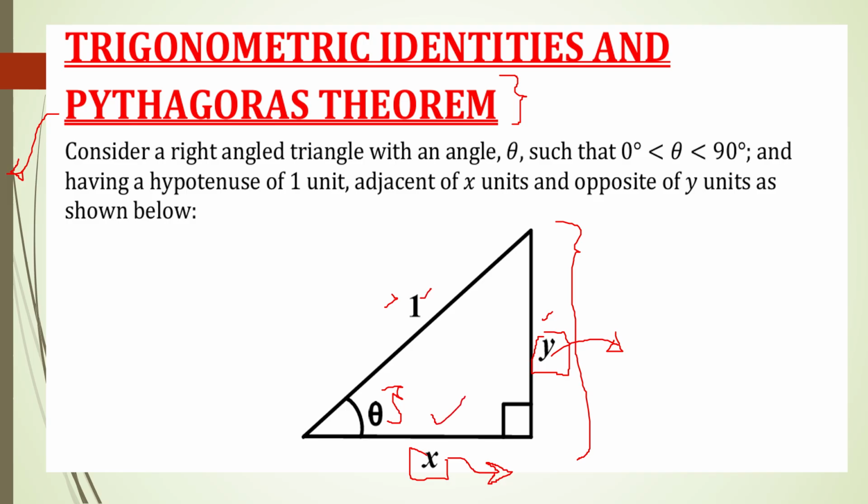Or if you add the squares of the opposite and the adjacent, you're always going to get the square of the hypotenuse. So we are simply going to substitute for y, which is the same as sine theta, and x, which is the same as cos theta.